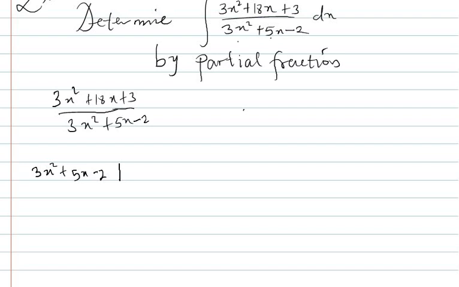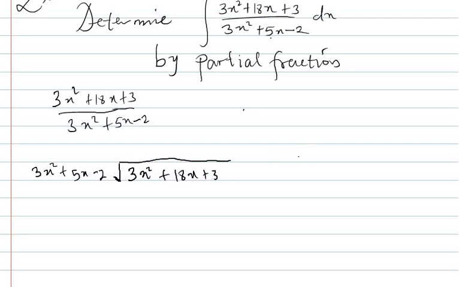All you need to do is put the divisor here, and then do it like roots. You put the numerator inside and the denominator outside. So our numerator goes inside, that is 3x squared plus 18x plus 3.